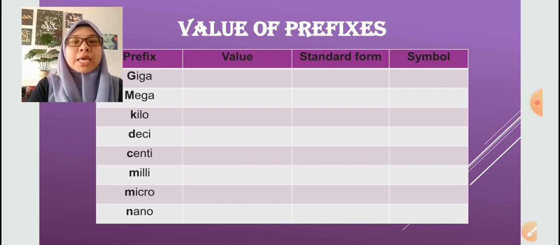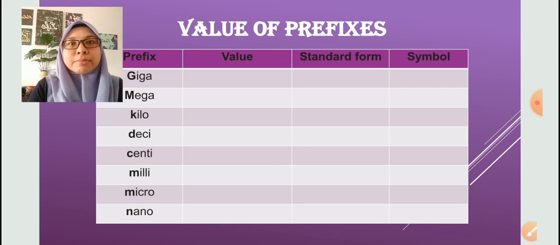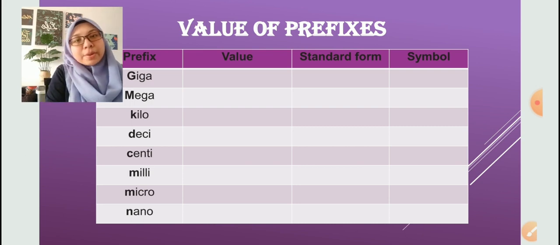Giant is giga, masak is mega, kimchi is kilo, dan is deci, cheese is centi, masuk is milli, microwave is micro, and Nobita is nano. You can create your own.